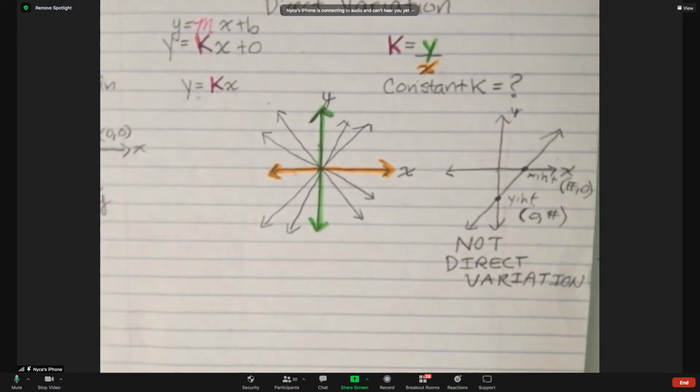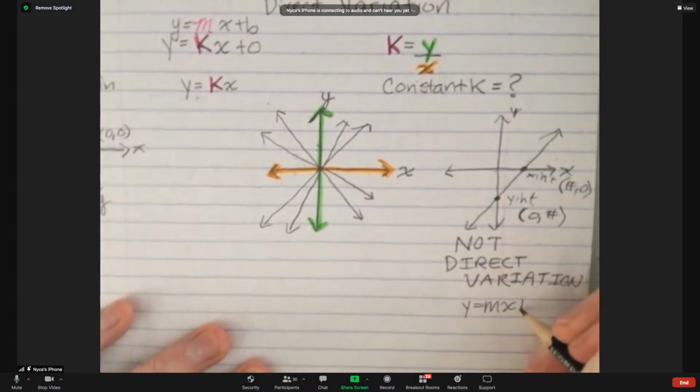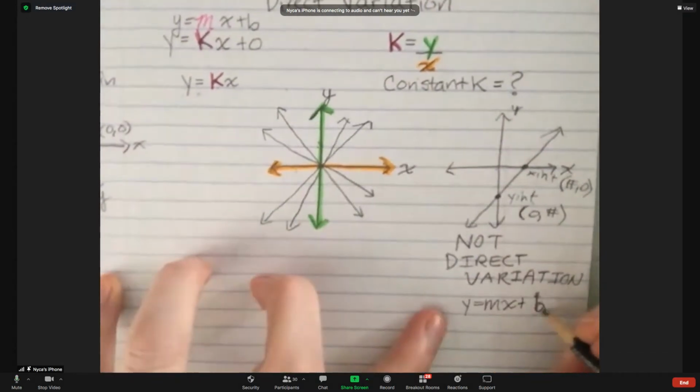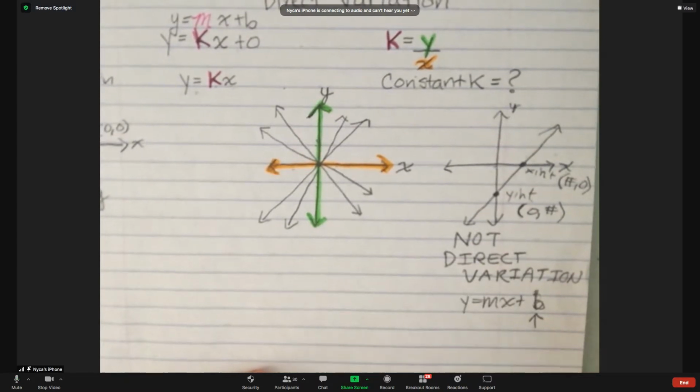So in other words, if you have a b at the end for y equals mx plus b, and you have a number there other than 0, then it's not direct variation. Does that make sense? Okay.